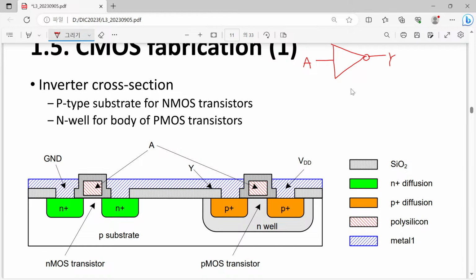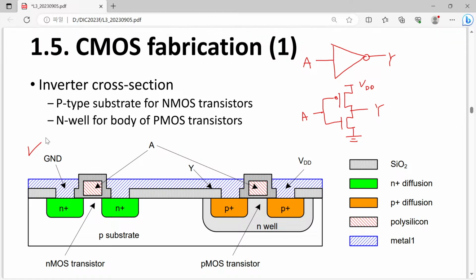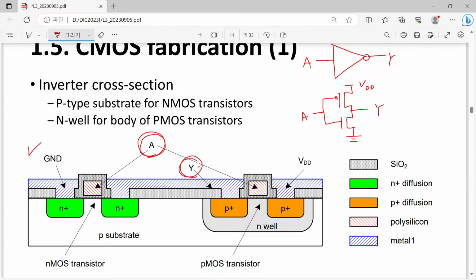And to some of you, maybe this can be your inverter, with A, Y, VDD. This can be your inverter. And to some, this can also be your inverter. So this is your A and your Y.